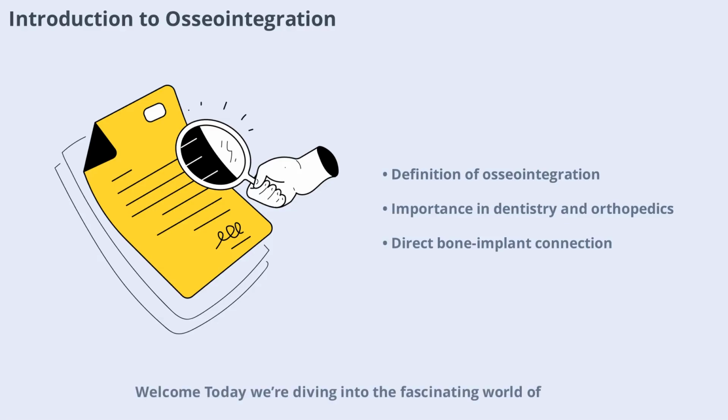Welcome. Today, we're diving into the fascinating world of osseointegration, a process that revolutionized implant dentistry and orthopedics. Osseointegration refers to the direct connection between living bone and the surface of an artificial implant, without any soft tissue in between.